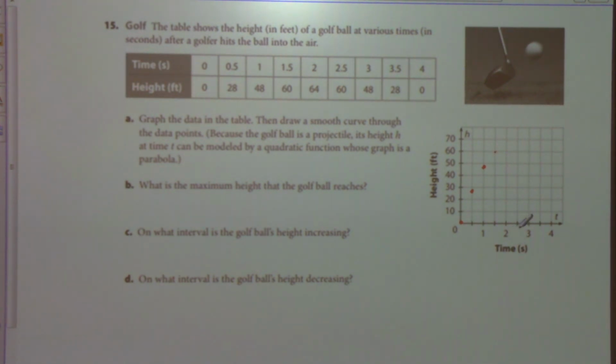And then we have 2, is it 64? And then we have 2.5, 60. We have 3, 48. And then we have 3.5, 28. And then we have 4, 0, right?